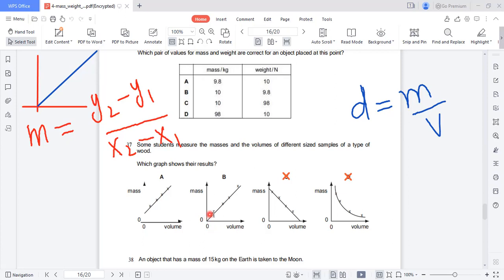It looks a little unusual. It means mass 0 and volume 0, and density is 0 over 0, which in mathematics is not allowed. So I think we should cross this one.